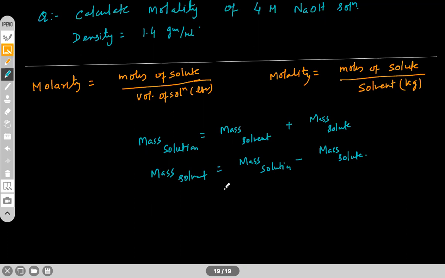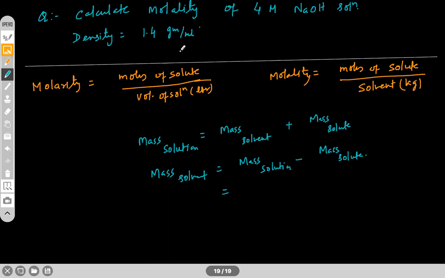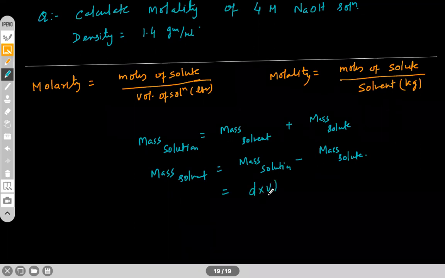What is the mass of solution? Can we write this as density of solution into the volume of solution? Mass is nothing but density into volume. So it is density into volume of solution is the mass of solution, minus mass of solute is what?